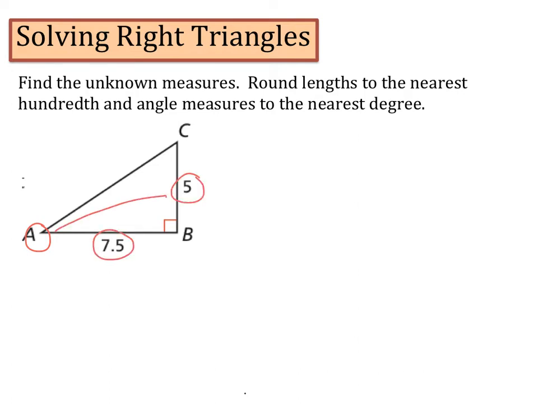So 5 is the opposite side of angle A and 7.5 is the adjacent side. If I remember my trig values, SOHCAHTOA, this isn't sine or cosine, but since it's the opposite over the adjacent, I know that the tangent of A has to equal 5 over 7.5.